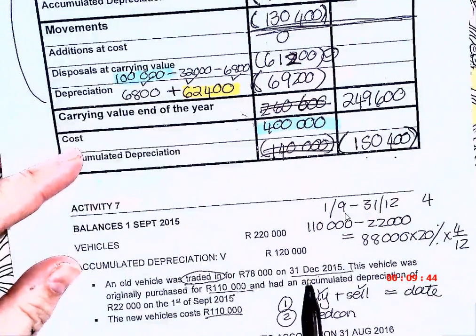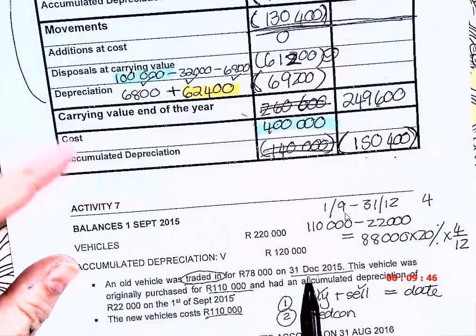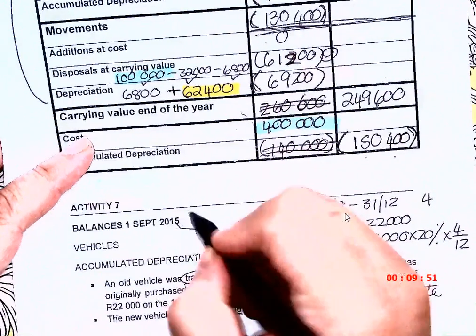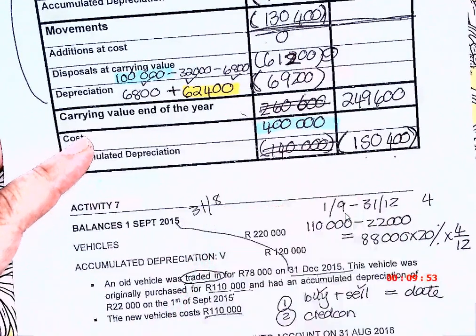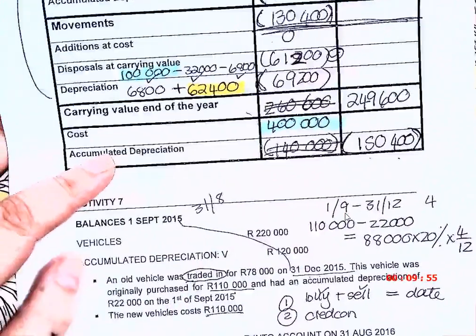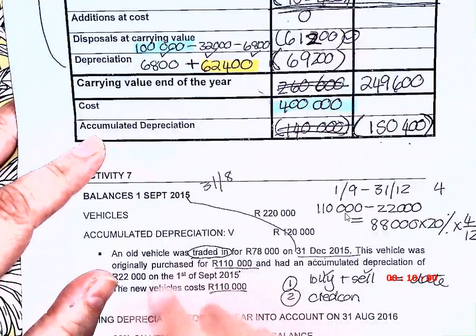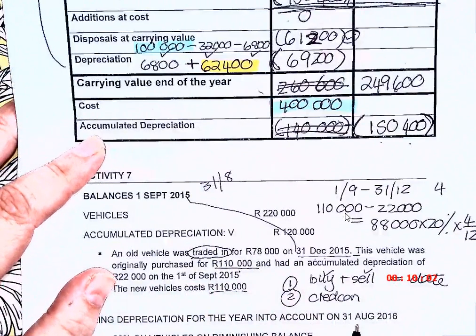I bought it when? 31st December. When does my year end? 31st August. You guys agree with me? How do I get to that? If my year starts 1st September, it means it ends 31st August, and they actually taught you that.